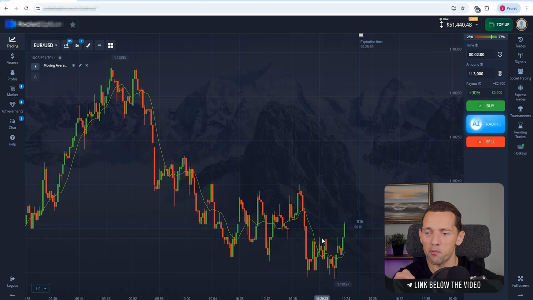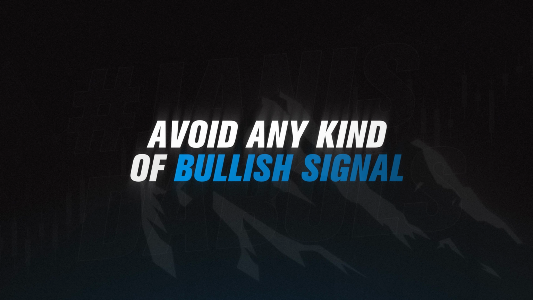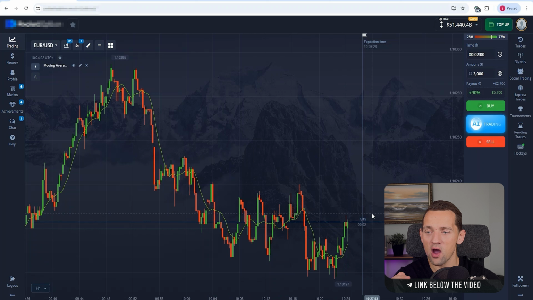So here's my point now. If you trade moving averages, it might seem tempting to think that yes, this might be a good place to go higher. But if you are trading for longer than a couple of minutes, no. In this case, you simply ignore this market or don't trade it at all until you have a bearish signal. So the idea is to avoid any kind of bullish signal, because all longer and mid-term charts say clear downturn trend, and now we are flat at best.